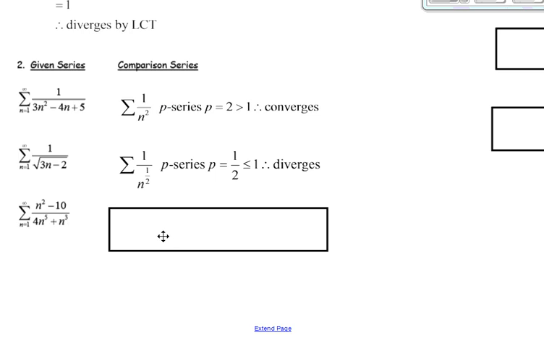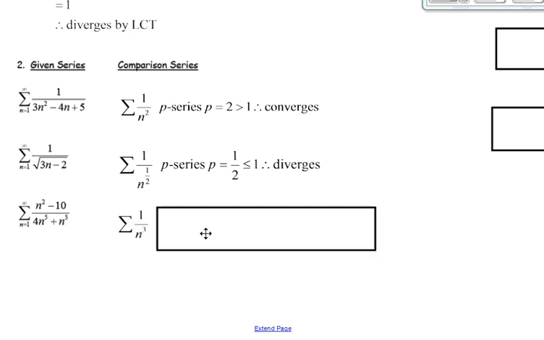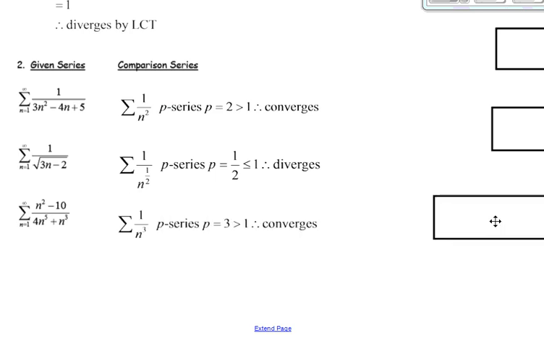So for this one, we compare to 1 over n cubed. So again, 5 minus 2 is 3, so we can compare this to 1 over n cubed, which is a p-series where p is greater than 1, therefore it converges. Okay, so we're going to get some more examples with this that are a little bit more challenging and different than the first one.